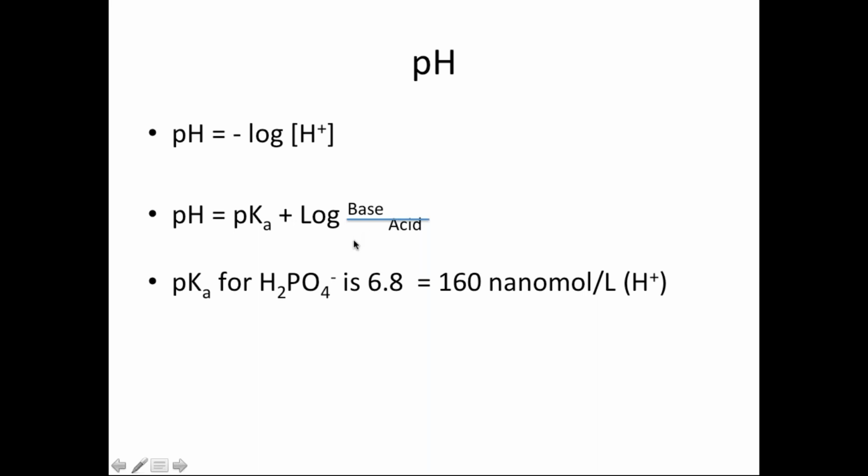So for example, we are using phosphate for this. The pKa for phosphate is 6.8, and a pH of 6.8 is equal to 160 nanomoles per liter. It's important to keep in mind that we are talking about nanomolar concentration for the pH, and we'll come back to that a little bit more.